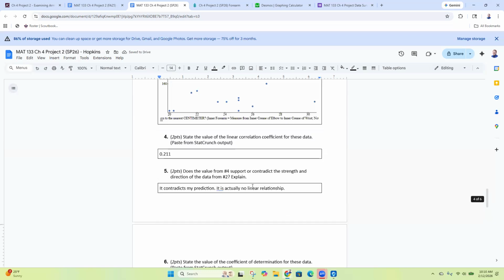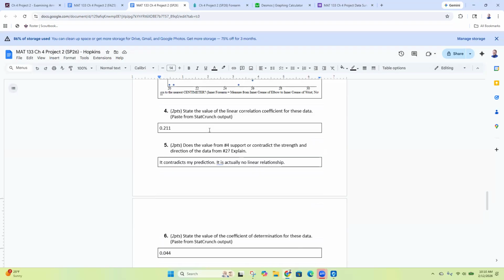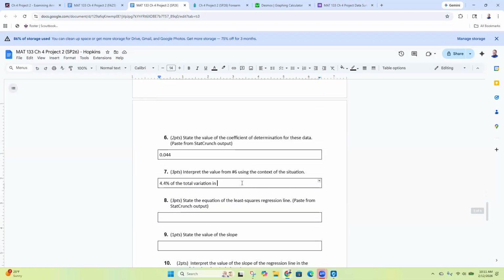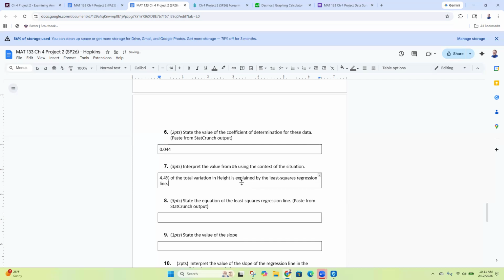Now, what's the Y? In this case, I'm not going to write what is the height to the nearest centimeter, blah, blah, blah. I should just write that the Y is the height. Total variation in height is explained by the least squares regression.